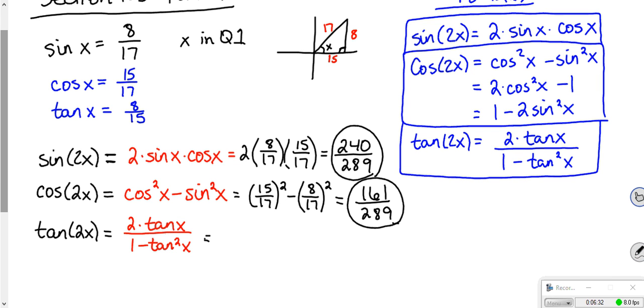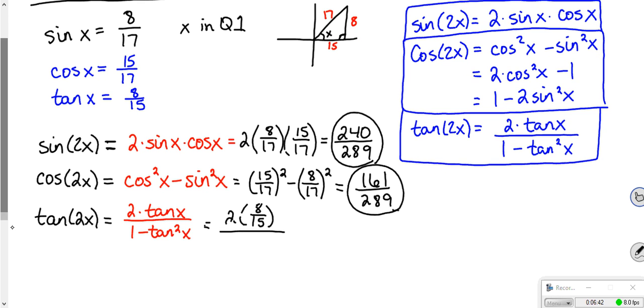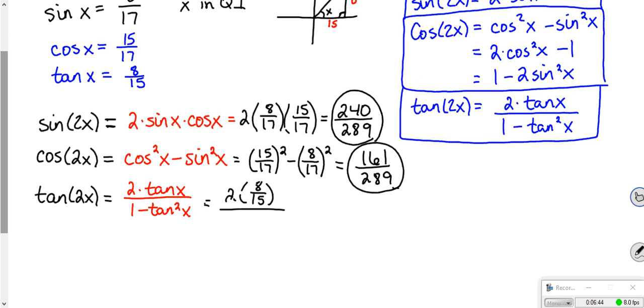So for us, that is 2 times 8/15 over 1 minus 8/15 squared.